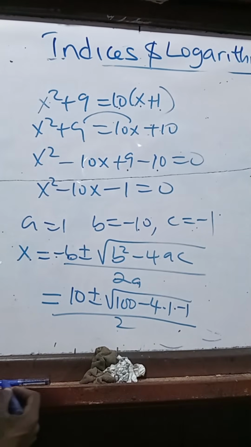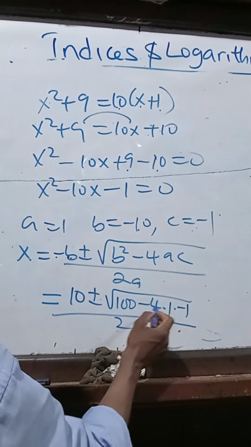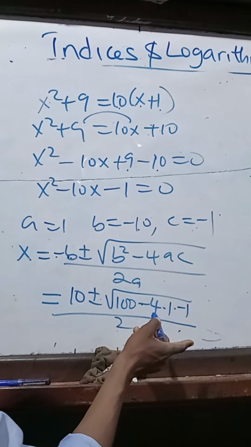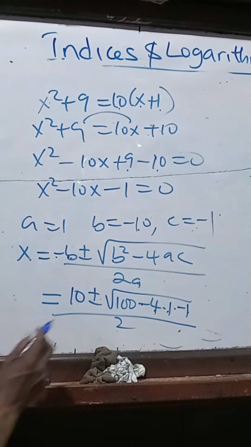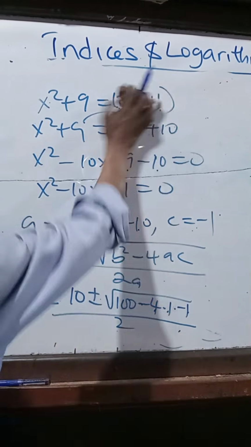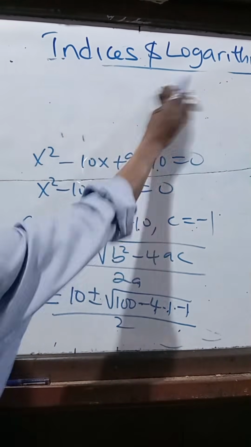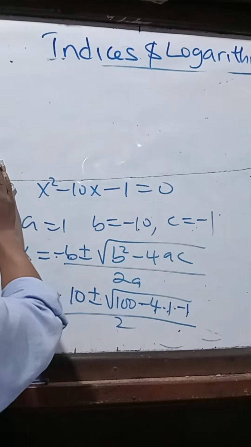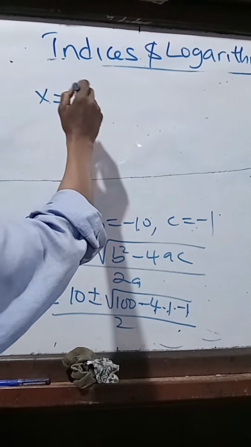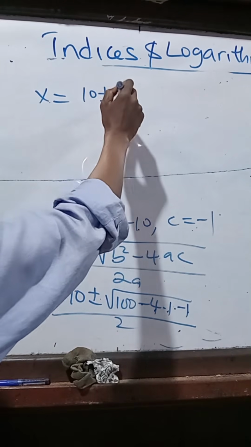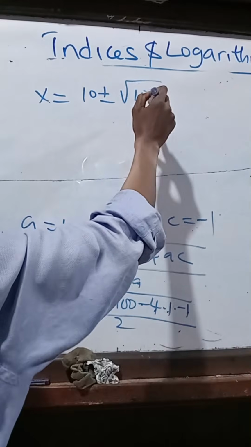Minus minus becomes plus, 4 times 1 times 1, so we have 104 on that side. So x is equal to 10 plus or minus the square root of 104, over 2.